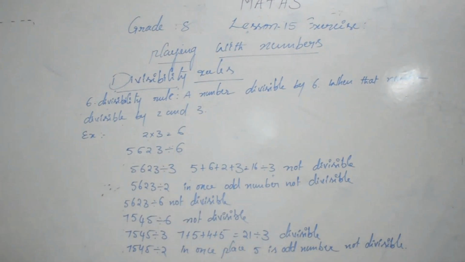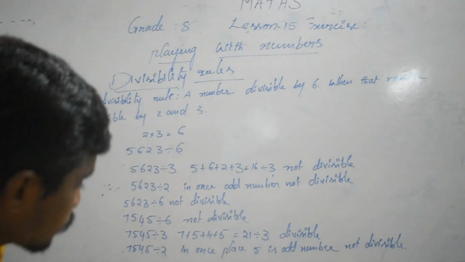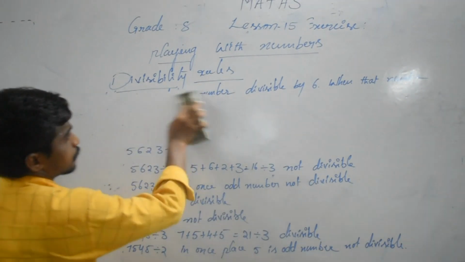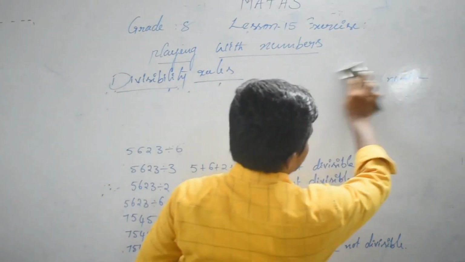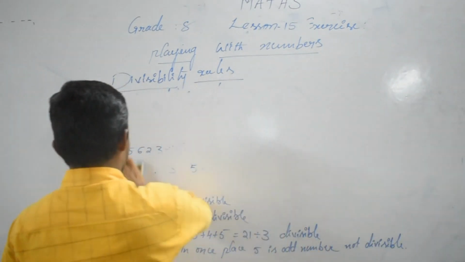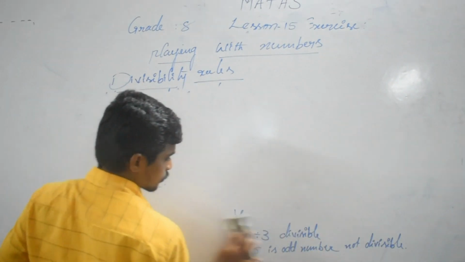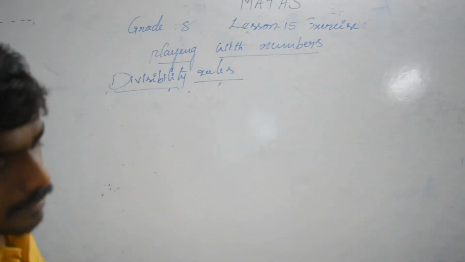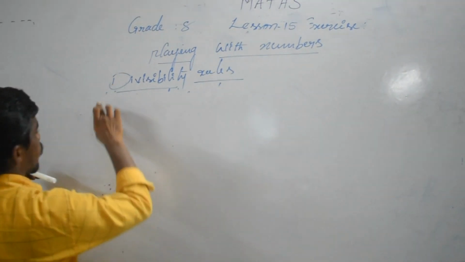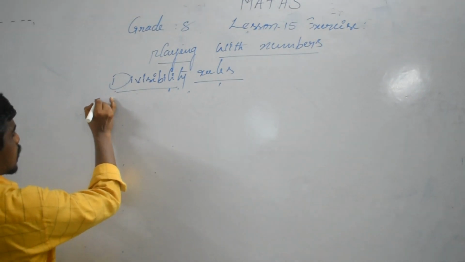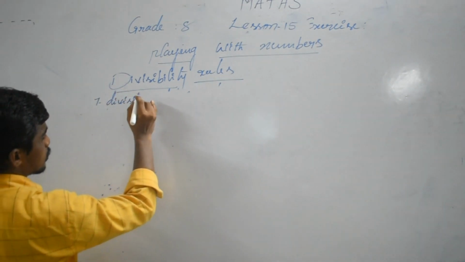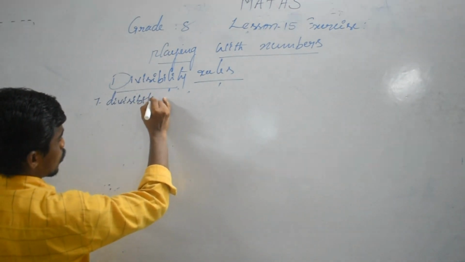Next one, 7 divisibility. The 7 divisibility rule is somewhat different.